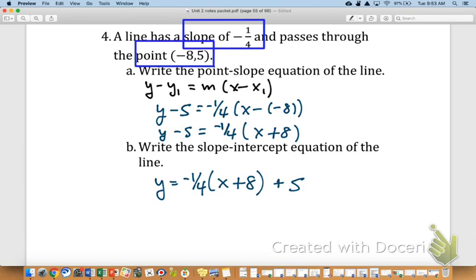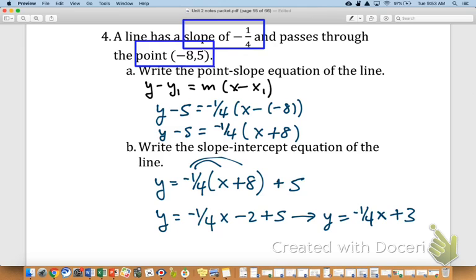What property do I have to use? Distributive, right? So I distribute here and here. That would give me y equals negative 1/4 x. What's negative 1/4 times 8? Negative 2. So this would give me finally y equals negative 1/4 x plus 3.